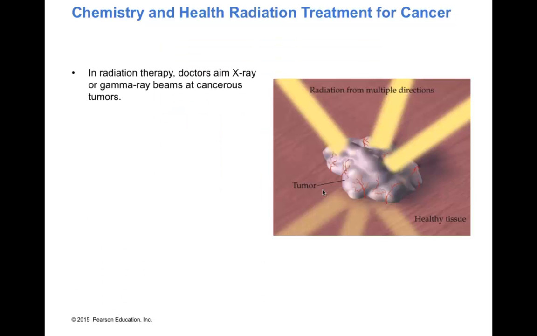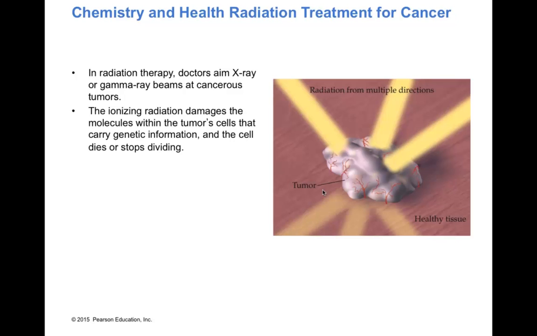So, in radiation therapy, doctors aim X-ray or gamma ray beams at cancerous tumors. The ionizing radiation damages the molecules within the tumor cells that carry genetic information, and the cell dies or stops dividing.